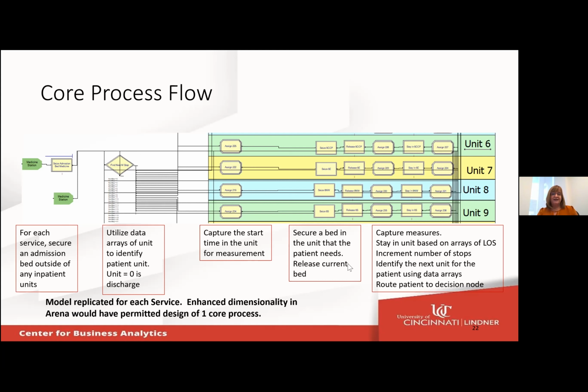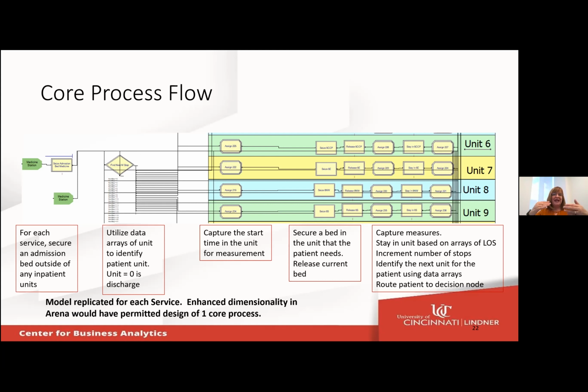One thing I will say: we modeled this for medicine, for cardiology, for ENT, for all of the different services that we had. And one thing that would have been nice that is not included in ARENA is dimensionality. As I showed you in the stop discrete probability distributions, we had a two-way distribution where we were saying what stop it was and what unit it was.